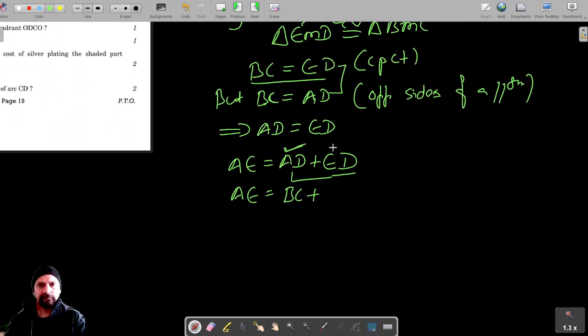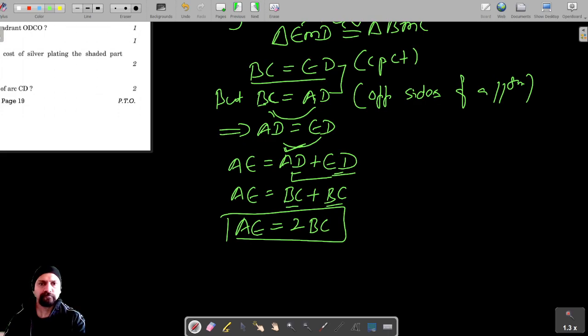So AE is equal to 2 times BC, because AD is equal to BC and ED is also equal to AD. So instead of AD and ED, I can write 2 times BC.